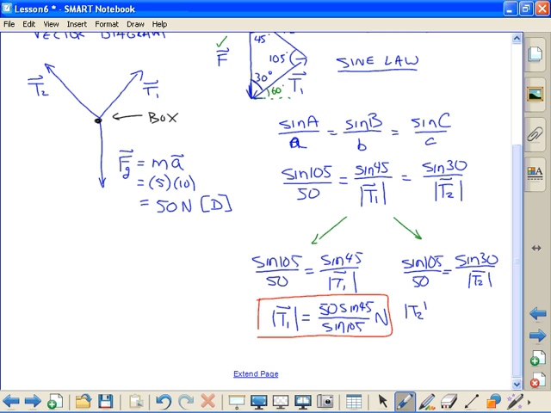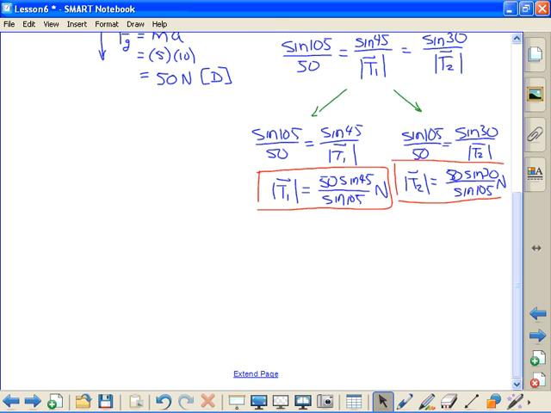So that means my second tension, rearranging, is going to be 50 sine 30 over sine 105, again in newtons, and there we go. So in this case, for this particular question, I would actually use the geometric method. That would be my preference of choice.